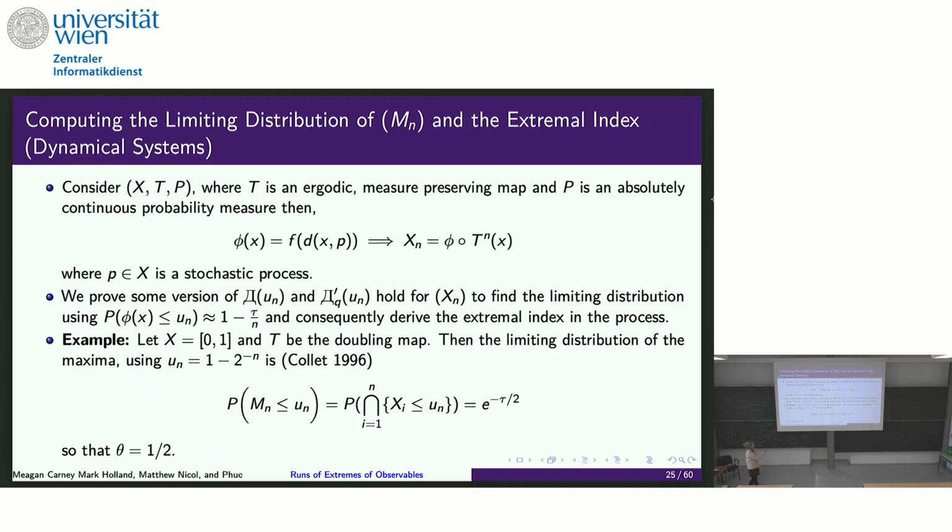So this is just a result by Collet. I didn't actually write out what it was or how it was derived, but I just wrote out what the probability of some maxima is. We choose u_n in such a way that we end up with this limiting distribution, and if you look it up, it's just e to the negative tau over 2. So the extremal index is just 1/2 here for the doubling map.